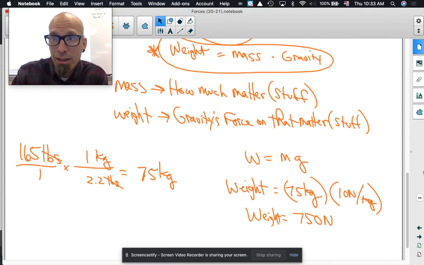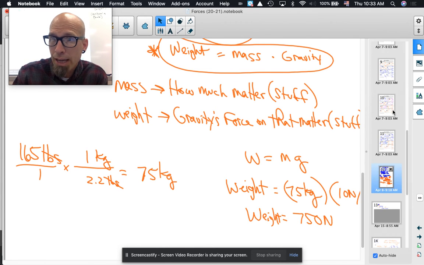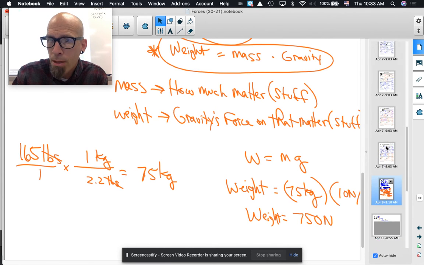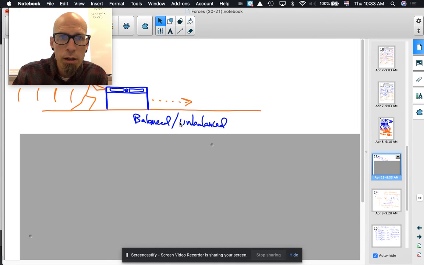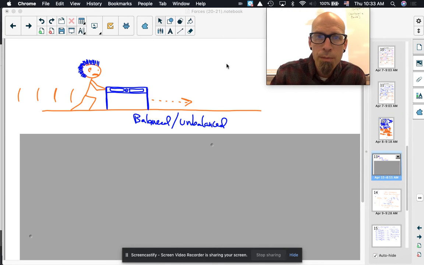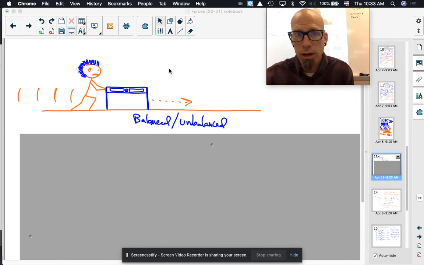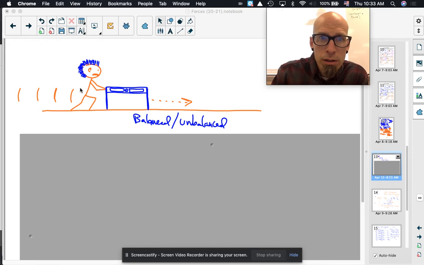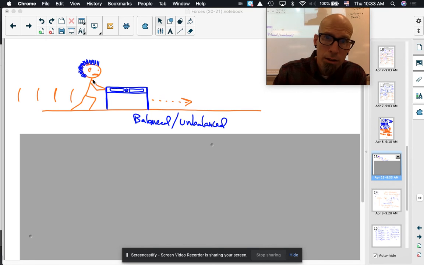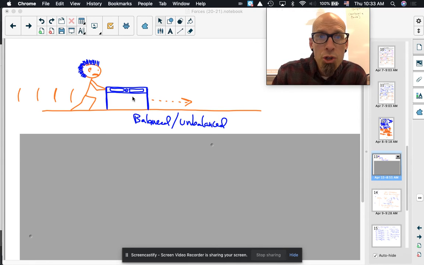The last thing we did today is I gave one more example of a force scenario here. So I have a young fella here, I guess it could be a young lady as well, with a blue mohawk, pushing a desk along a floor. Notice the markings on here indicate that this person is pushing with what?